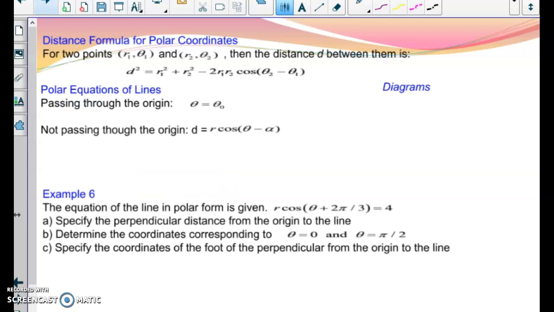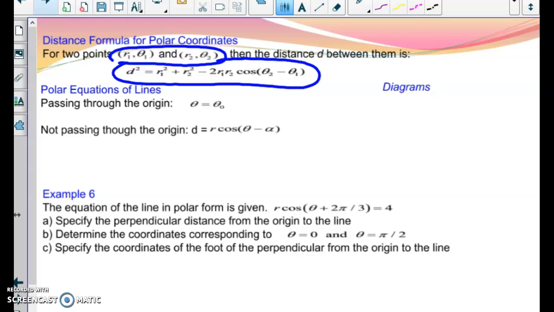All right. Just for the fun of it, let's talk distance formula in polar coordinates. We have 2 points in polar coordinates. And if you recall not too long ago, this might look a little bit like the law of cosines.